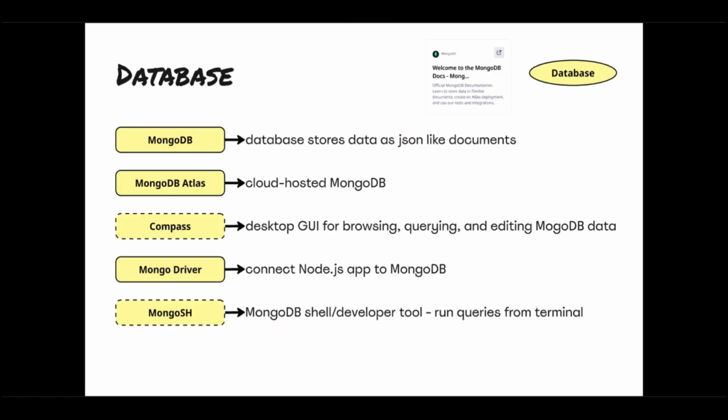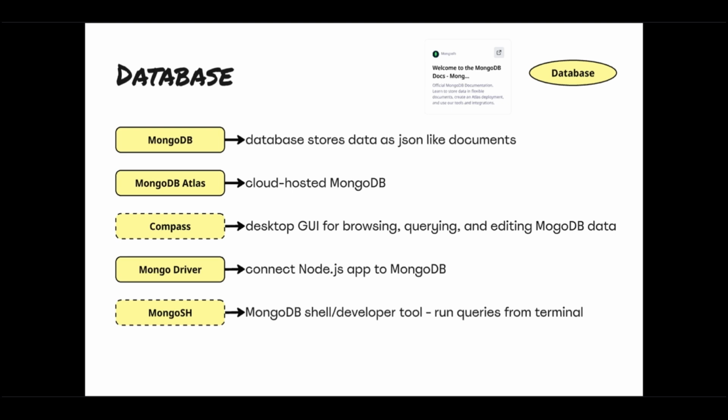Looking at the database aspect of the back end, we used, again, Mongo has documentation for their sites as well, and then different interactivities and codes that can be used for that. With that, we have the Mongo database, which actually stores the data in JSON-like files. We have Mongo Database Atlas. We did use that for our project, and that is a cloud hosted Mongo database.